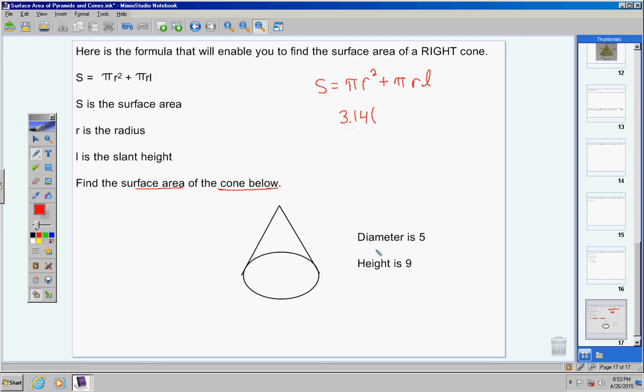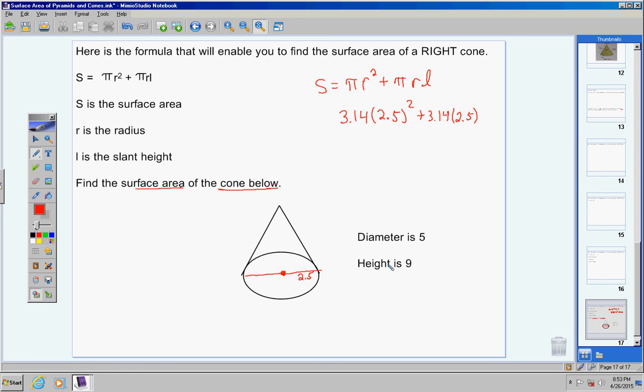For the radius, I'm telling you the diameter is 5. So from here to here, all the way across is 5. So half of that would be 2.5. So the radius is 2.5. And then, of course, squared, because we have a squared right here, plus 3.14 times the radius, 2.5, times the slant height.